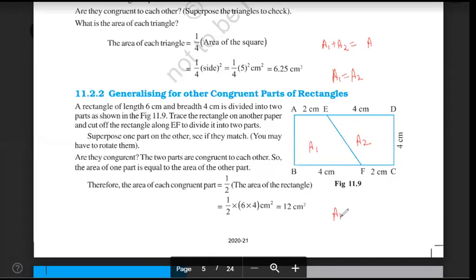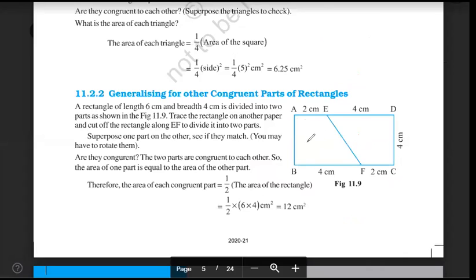Find the value of A1. Yes, very good, Abhinav. The answer is already given, but still, I hope all of you understood.